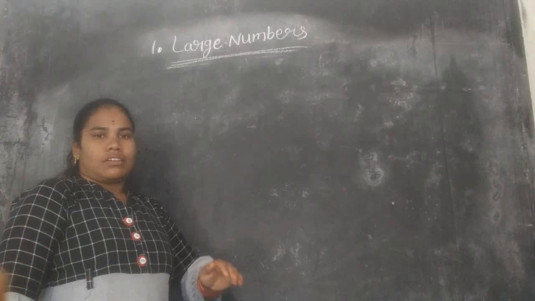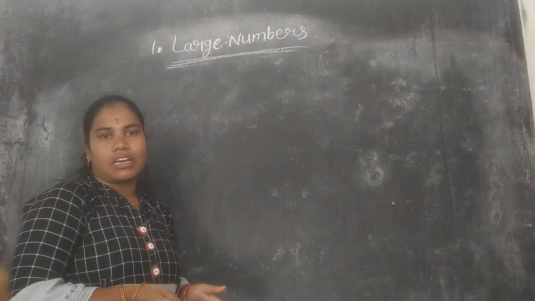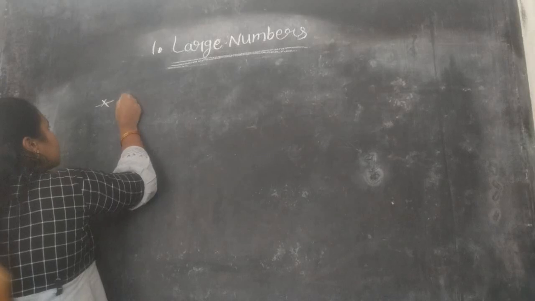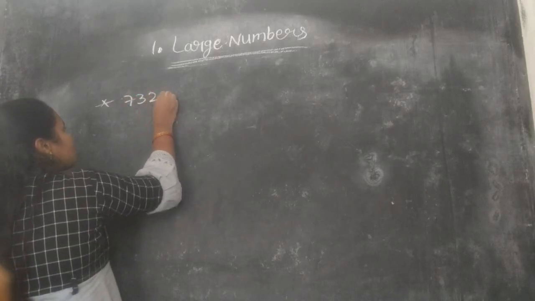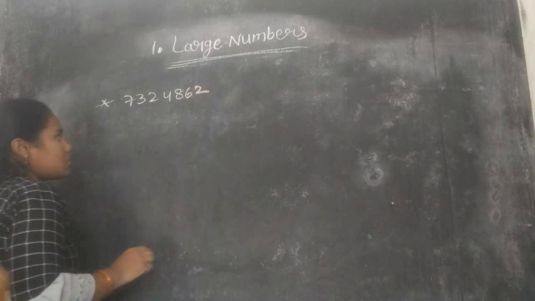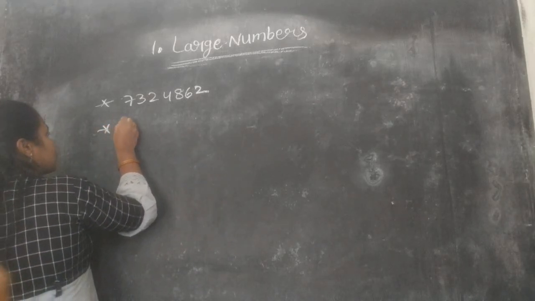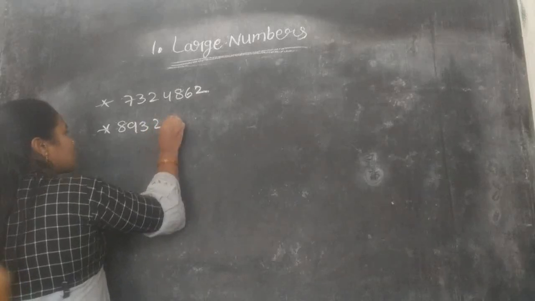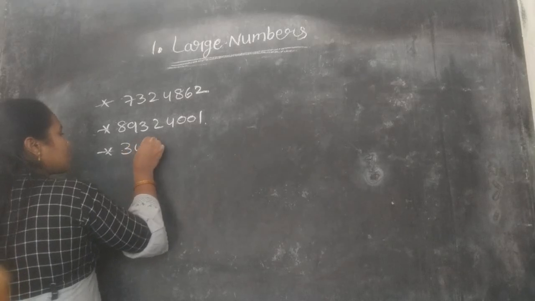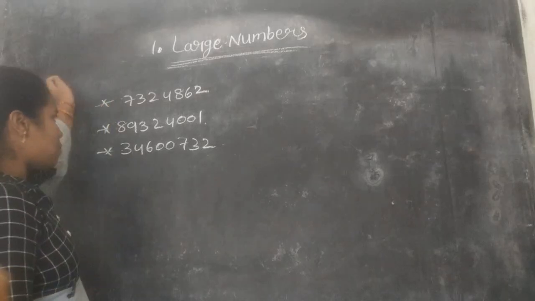Okay. For the Indian system and international system, how to put the commas? Just take one number. So these are the numbers.